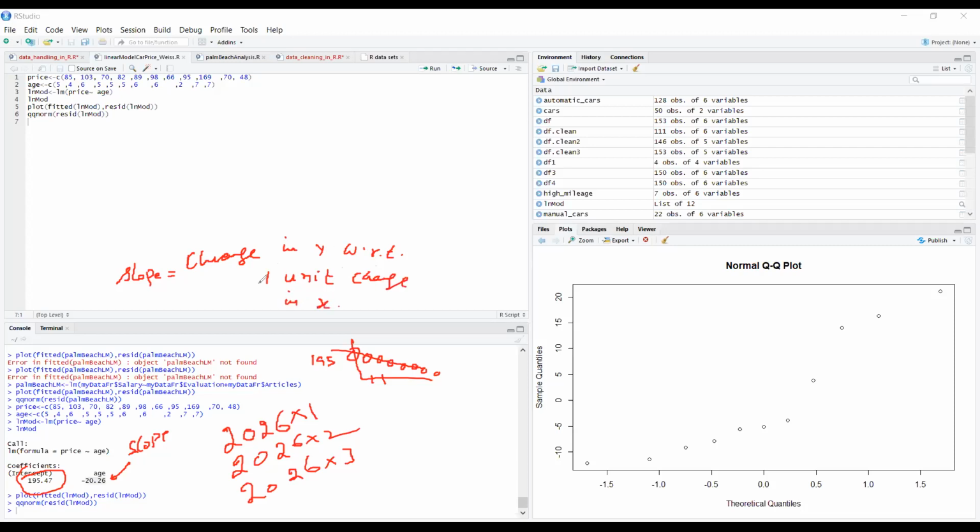This is the actual definition of slope. How much change will occur in the variable y if we change 1 unit in the variable x? If the age increases by 1 year, then the price is reduced by $2026. That is the meaning of the slope and intercept in this model.